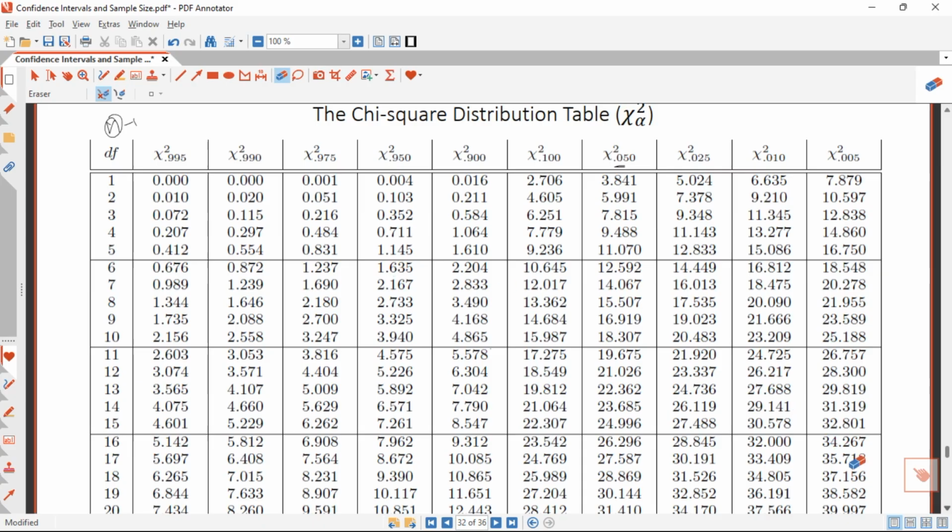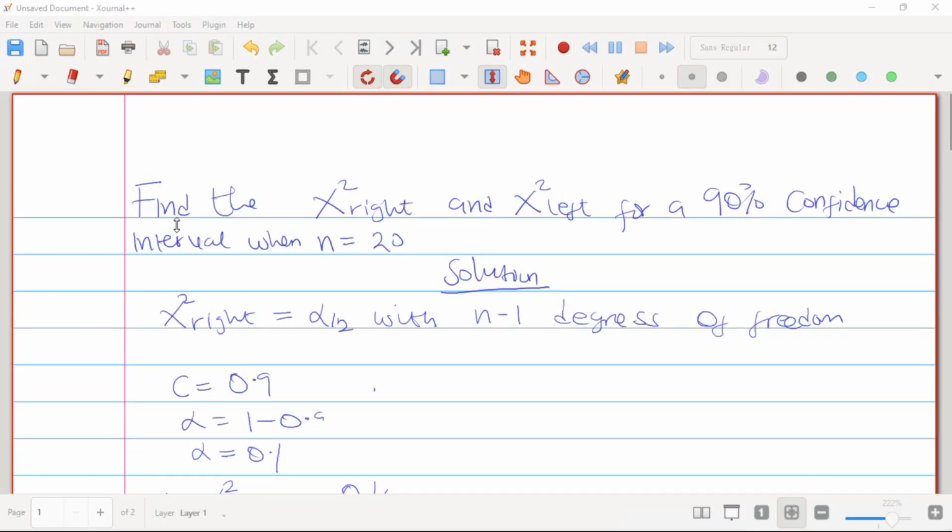Right, so let's go to our worksheet and see how one can find the critical value of a chi-square distribution. Our first question says: find the chi-square right and chi-square left for a 90% confidence interval when n is equal to 20. So we know that chi-square right is equal to alpha divided by 2 with n minus 1 degrees of freedom.